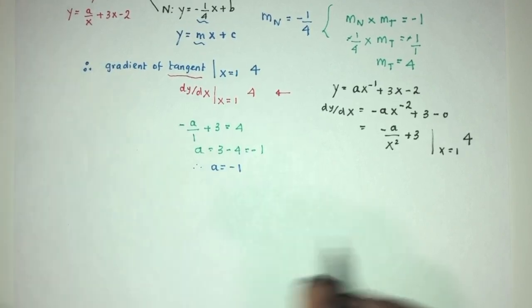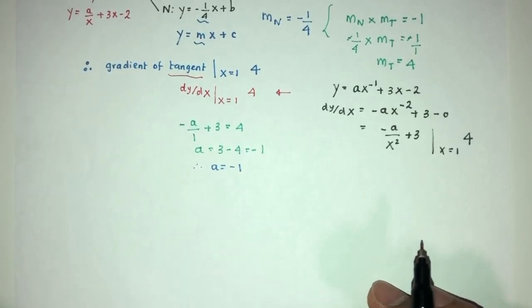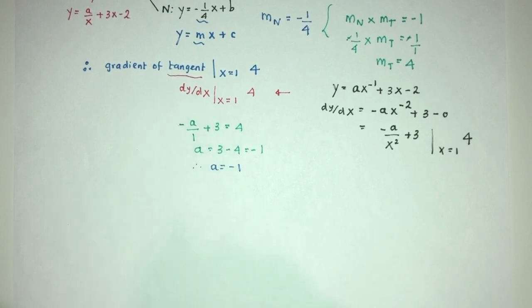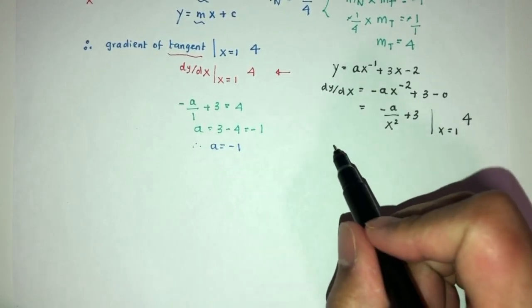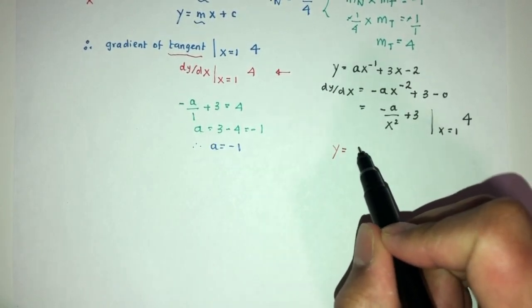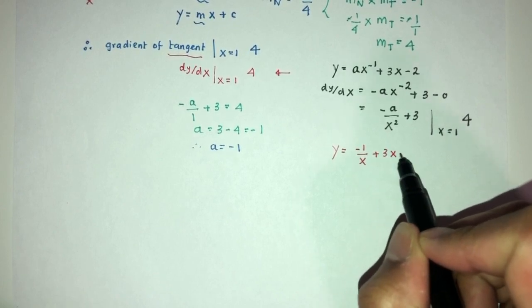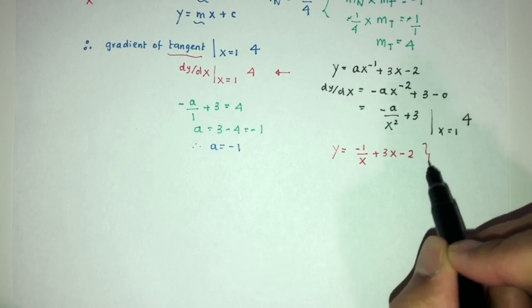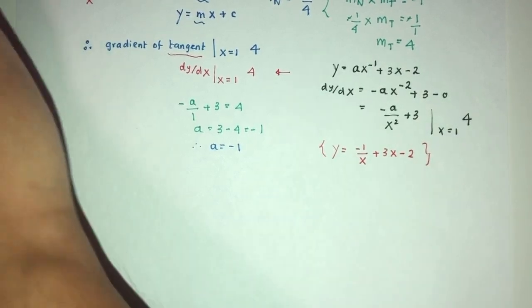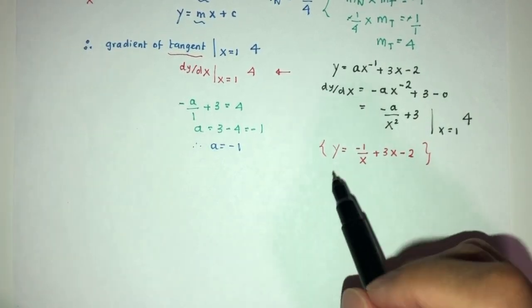Now let's update the equation of the curve. So now we have y equal to -1 over x plus 3x minus 2. So this is my equation of the curve. Now let me find the y.